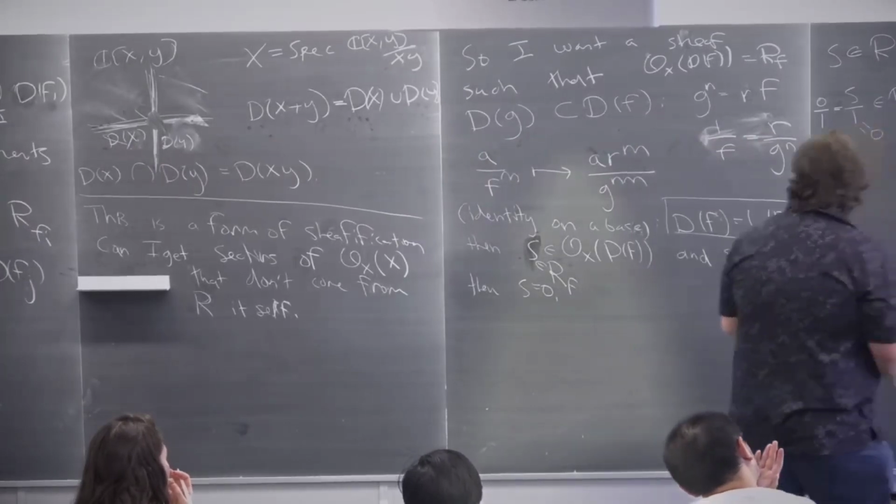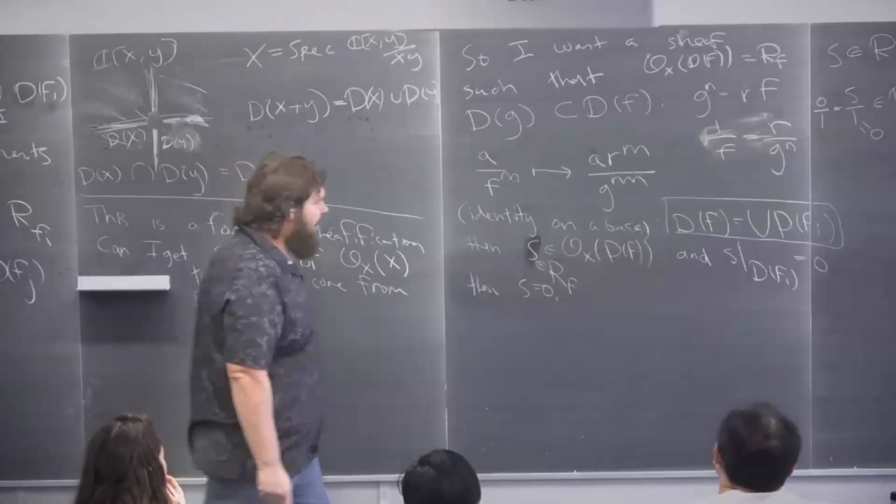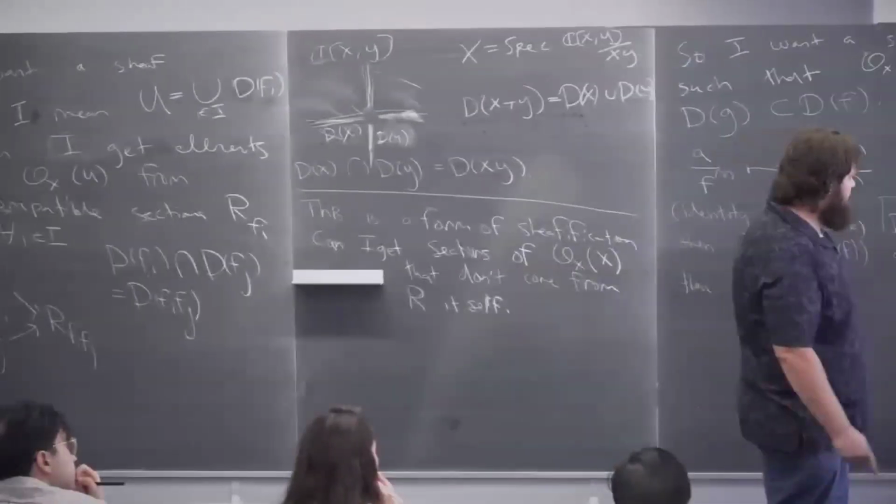Okay. Now I have to use this property. What does this property mean? It means D of f is equal to the union of these guys.